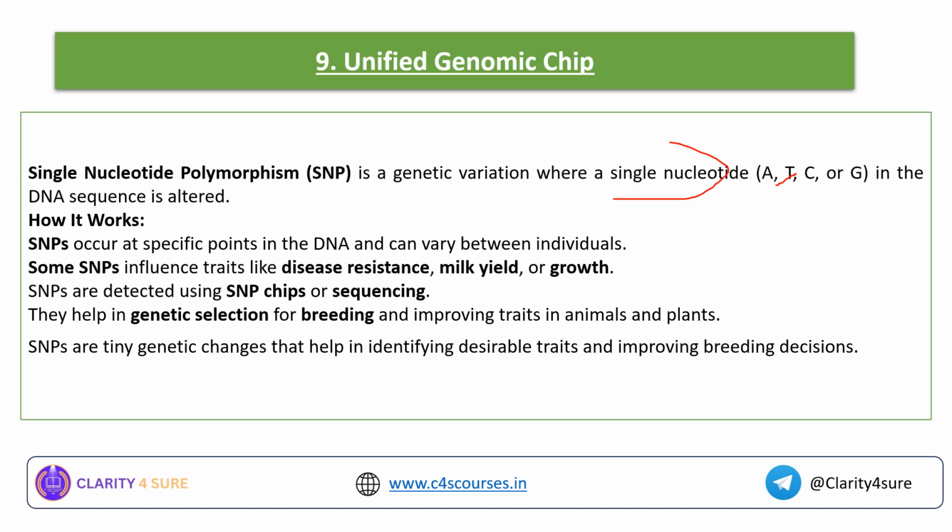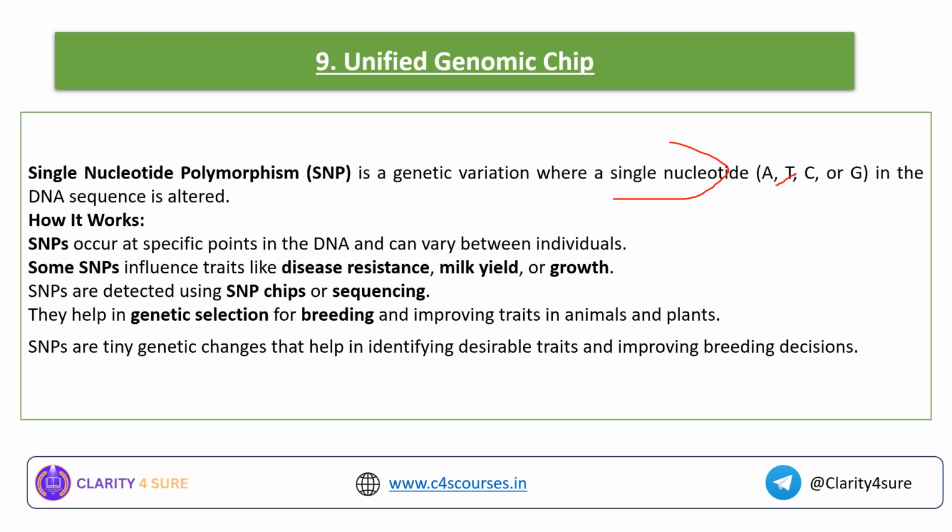So this is about single nucleotide polymorphism. It is a genetic variation where a single nucleotide, that is the nitrogenous base, either A, T, C or G in the DNA sequence, is altered. Okay, this is the background of SNP and SNP chips.